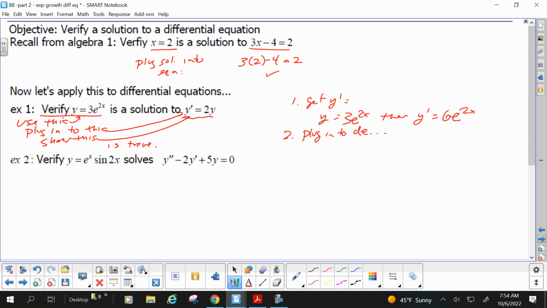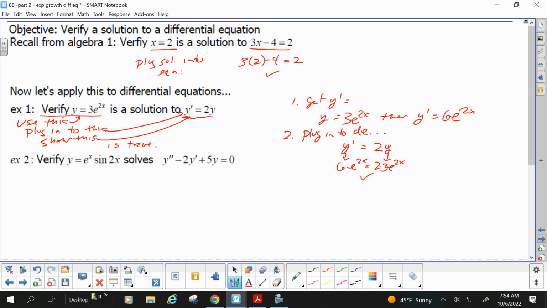Y prime gets replaced by 6e to the 2x. Y gets replaced by 3e to the 2x. And hopefully you should get something that is obviously true. Anybody that knows a little bit of Algebra 1 knows that that is true. Yay?